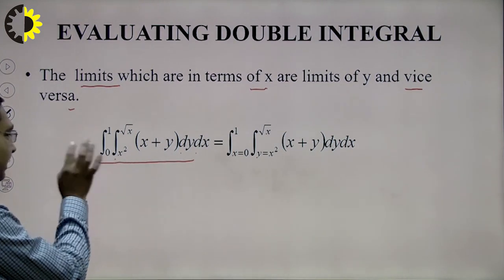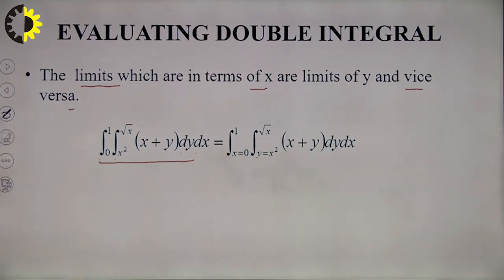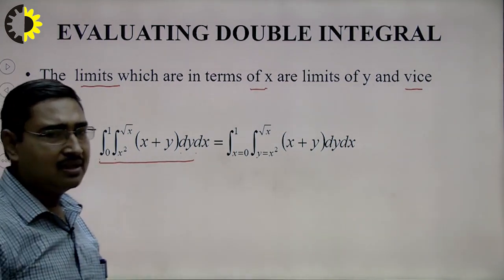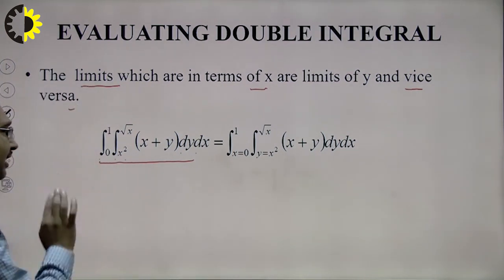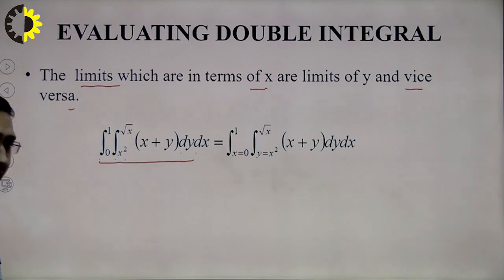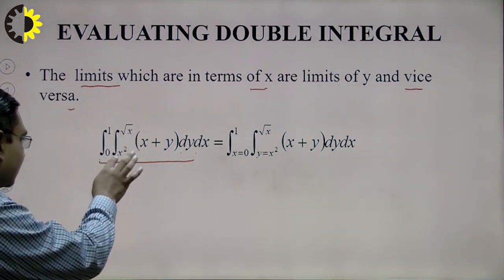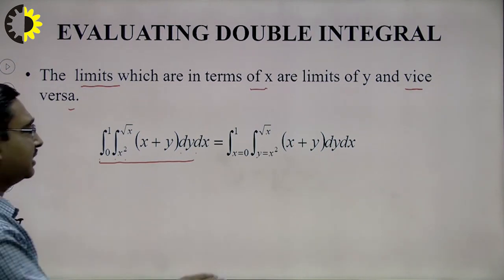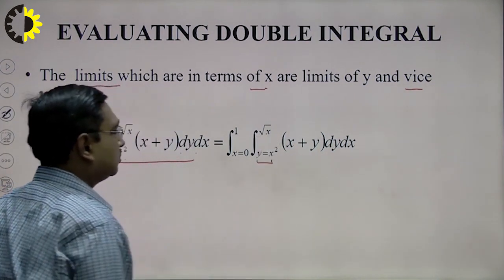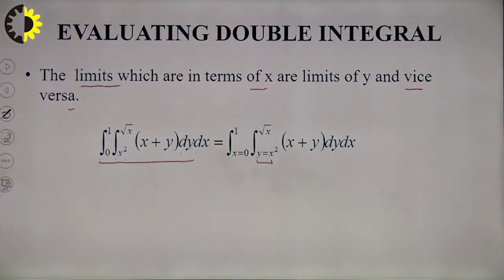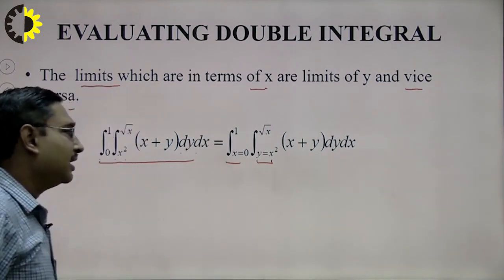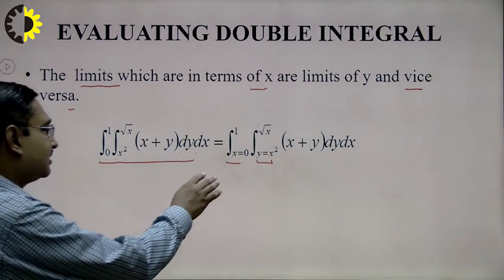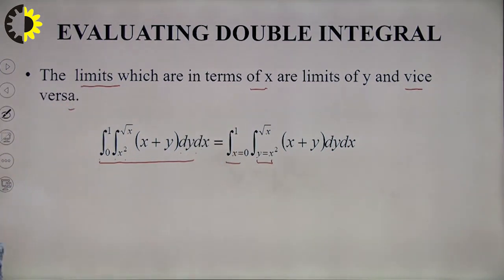Therefore, one of these limits must be for x and another limit must be for y. Those limits which are in terms of x must be limits of y, and therefore this x square to root x is written as y equals x square to root x, and the remaining limit, that is the outermost limit, is the limit of x, that is x from 0 to 1.